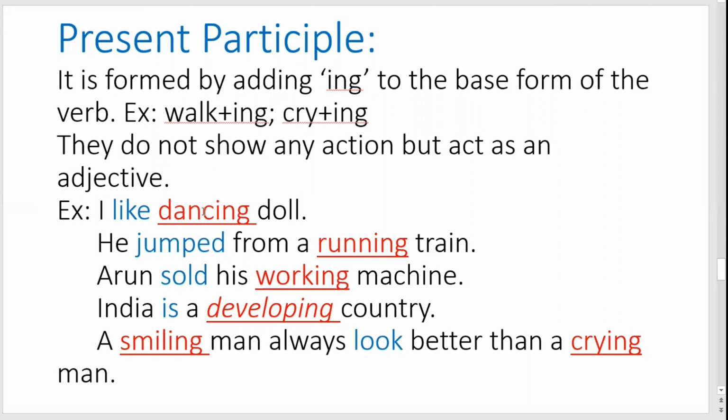It is telling more about this noun. What kind of doll? Dancing doll. What kind of train? Running train. What kind of machine? Working machine. Developing country. Smiling man, crying man. All these function like adjectives, and so they are called present participles.